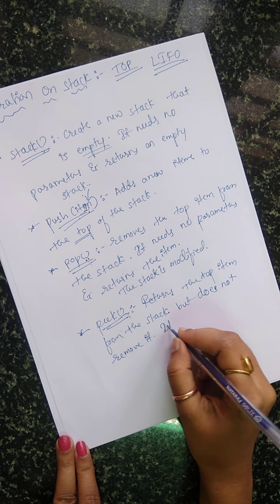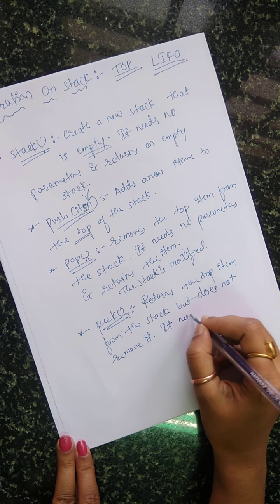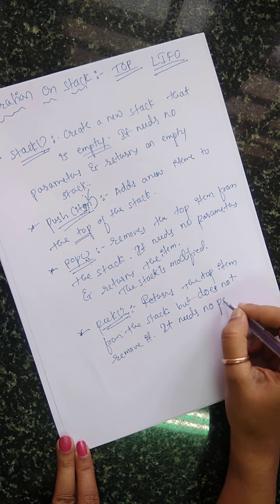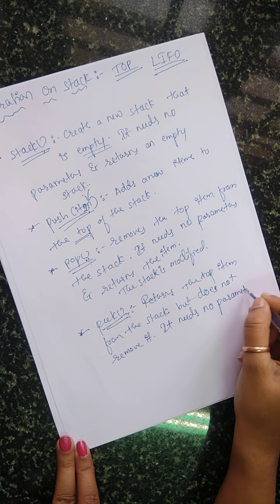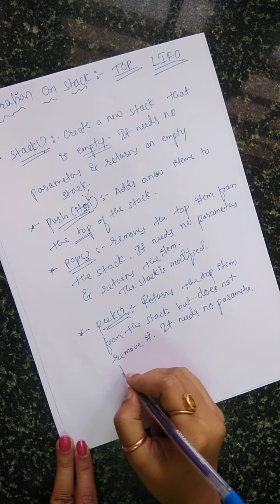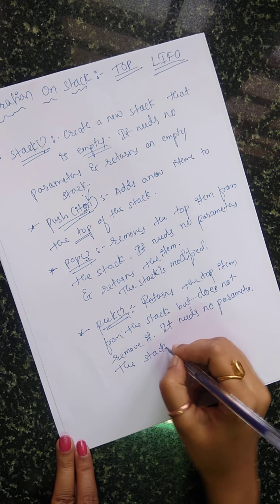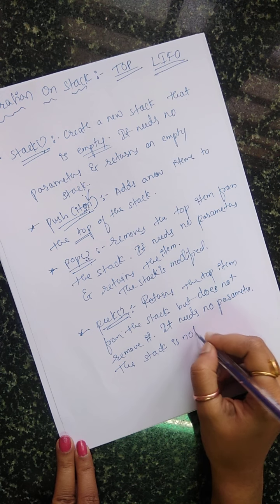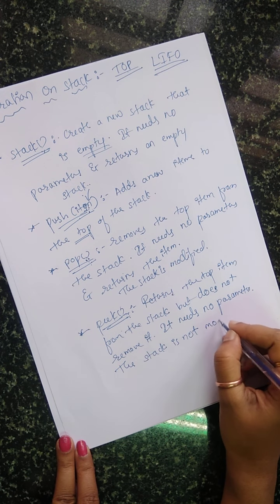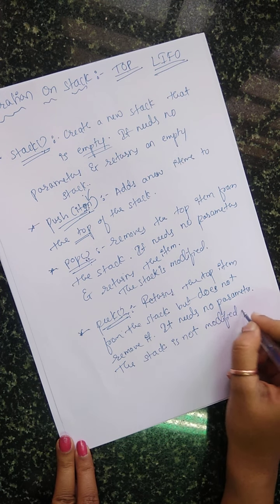It needs no parameter. Input is not necessary, means it will not take any arguments. As we are not removing any element, the stack is not modified. As it is, it will be there. What we are doing is just displaying the content. So the stack is not modified.